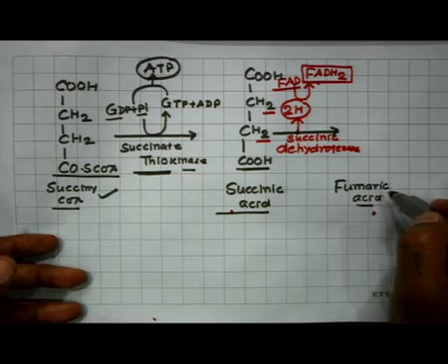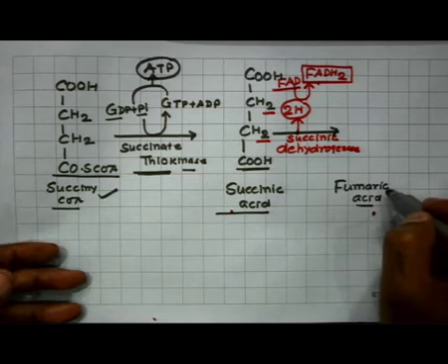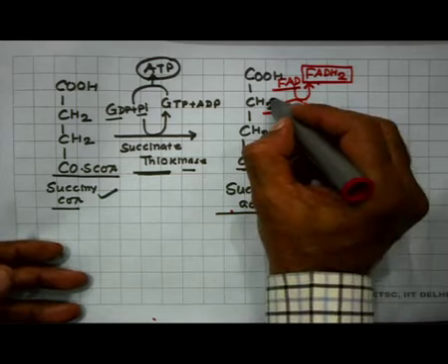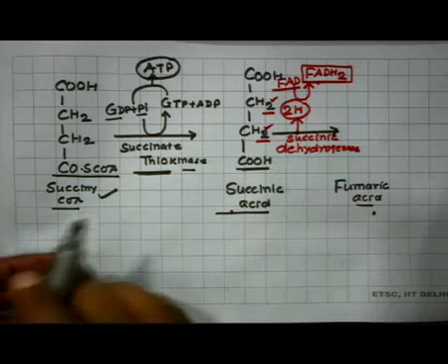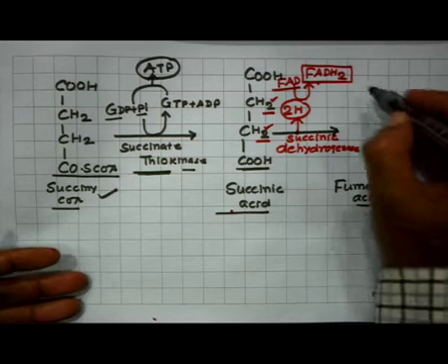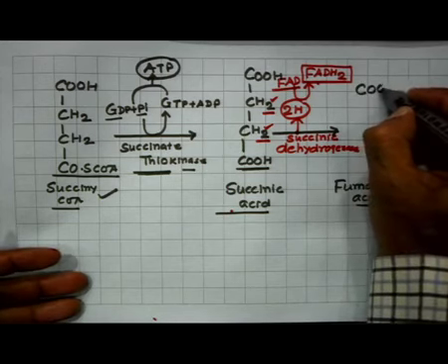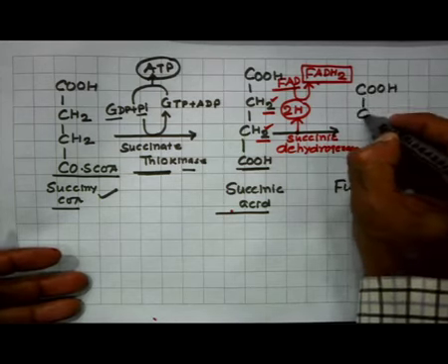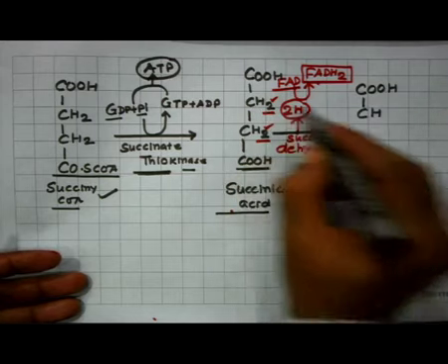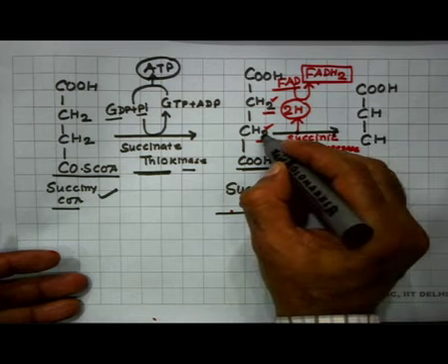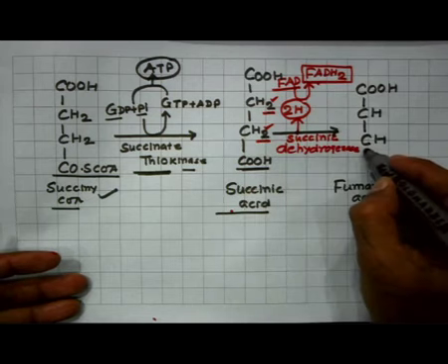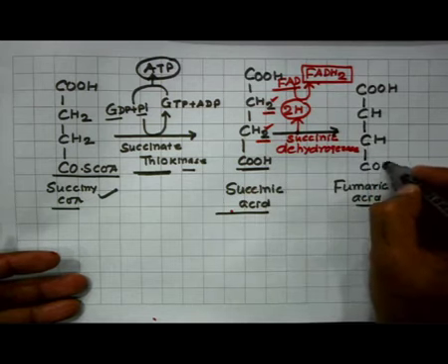Now, the structure of fumaric acid we can easily write by removing one hydrogen from here, one hydrogen from here. So, we can easily write the formula, COOH here. After removing one H, only CH is there, COOH is there.